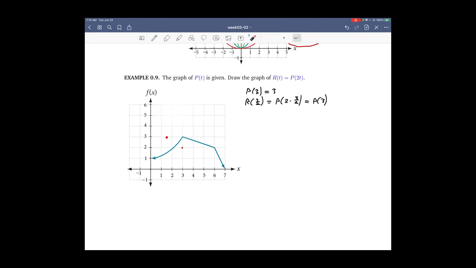For the first time, P reaches the value 2 in 2 seconds. So R will take half that time. Now P comes to 0 after 7 seconds, so R will take half the time, 3.5 seconds.